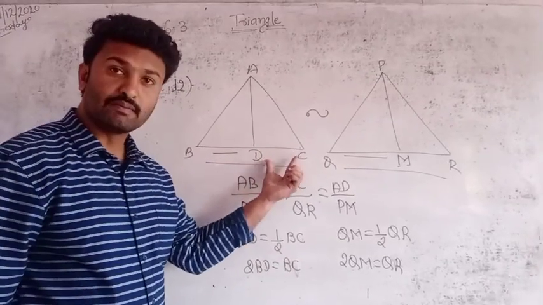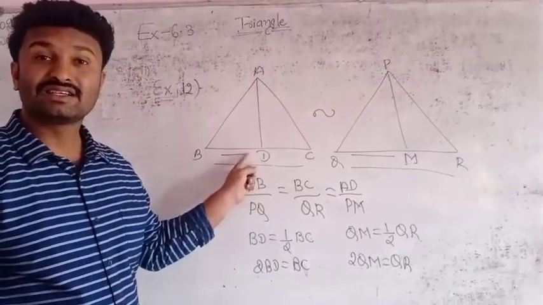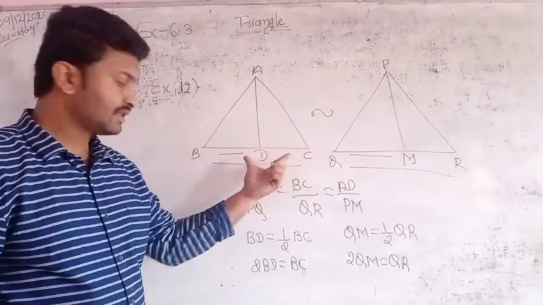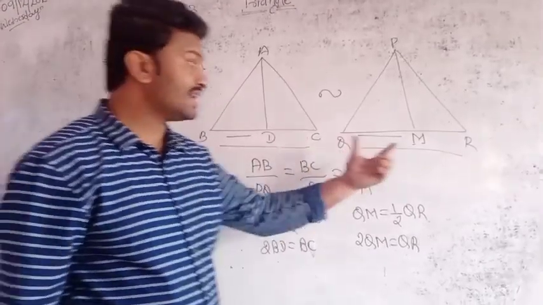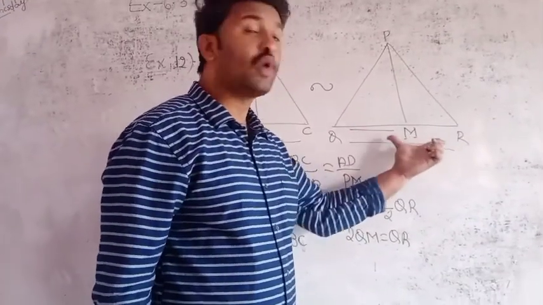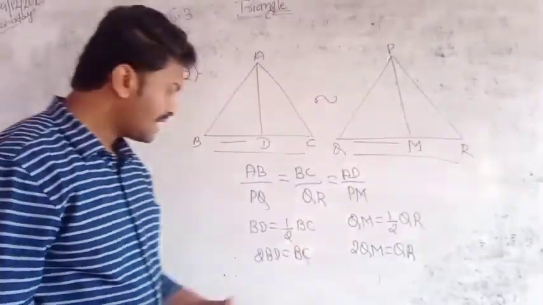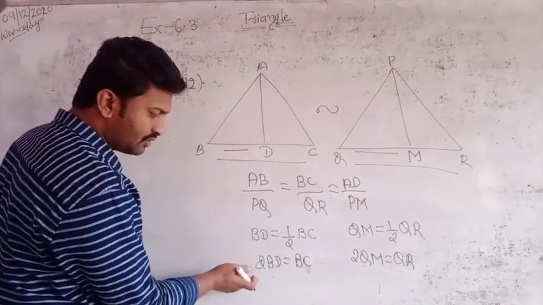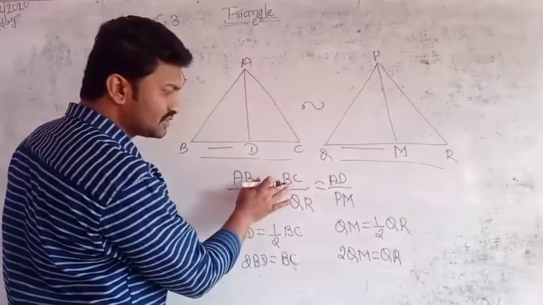Sorry, BD only. Why? This D is a midpoint of BC. We can write BC as 2 times BD, and here QR as 2 times QM also. Correct?